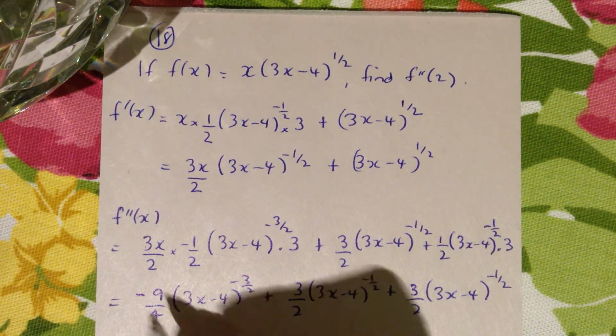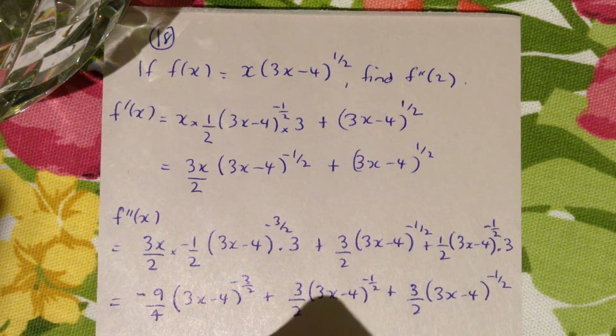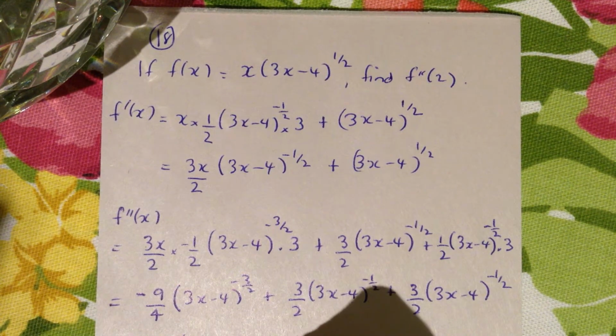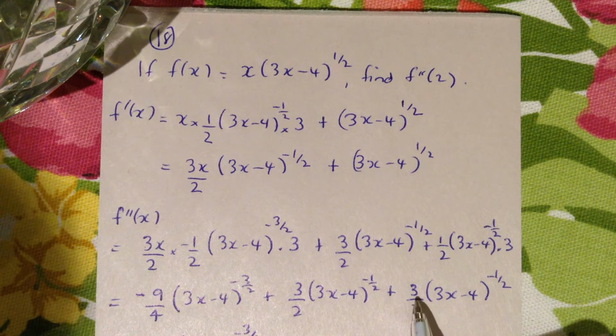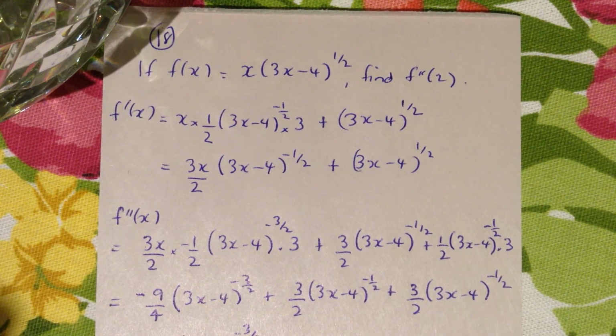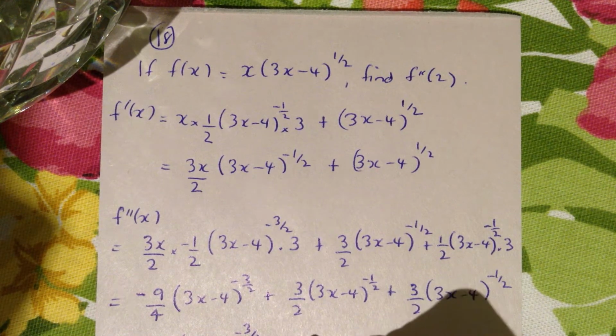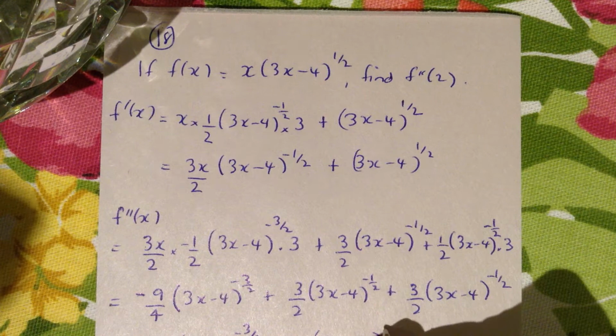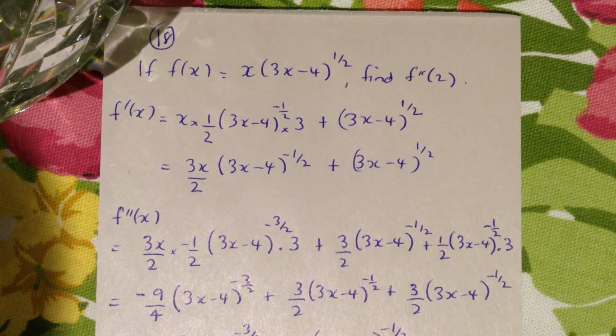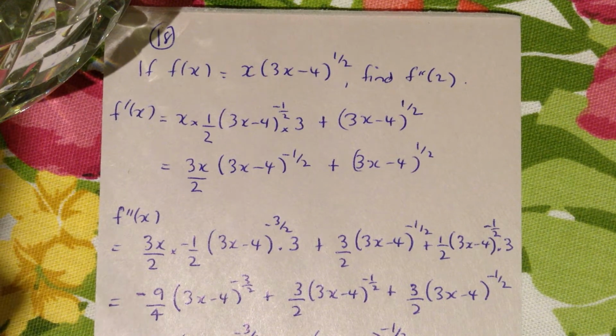This one stays as it is, so write that down again. And then we have 3 on 2 plus 3 on 2 of the same term, which becomes 6 on 2, which is 3. So we write plus 3 times (3x minus 4) to the minus a half. Okay, so that's what f double dash x is.